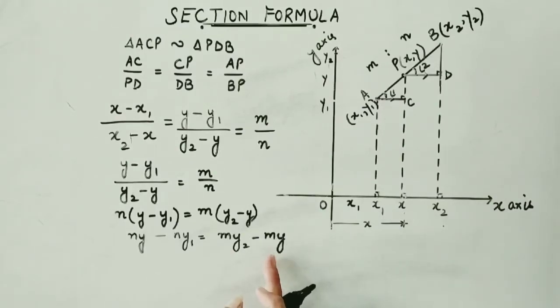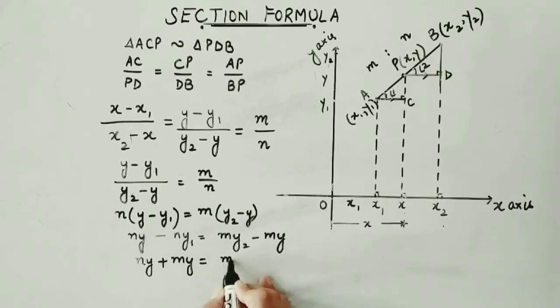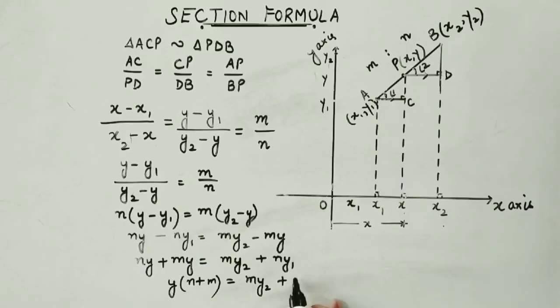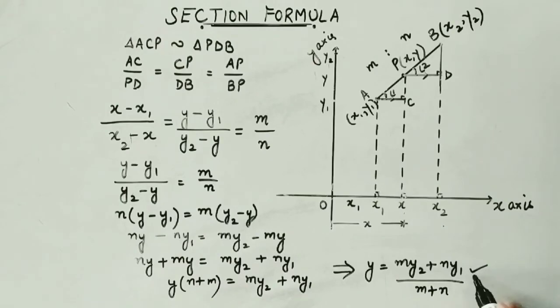Bring this term my to the other end, it becomes ny plus my equals my2 plus ny1, and hence y comes common, it's n plus m, and finally it becomes y equals my2 plus ny1 upon m plus n. So this is how even y coordinate is calculated.